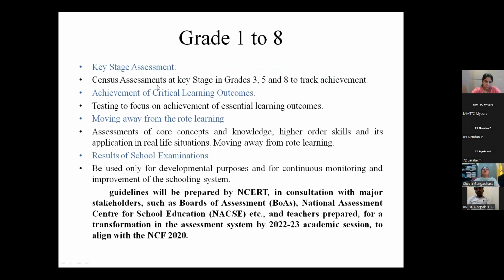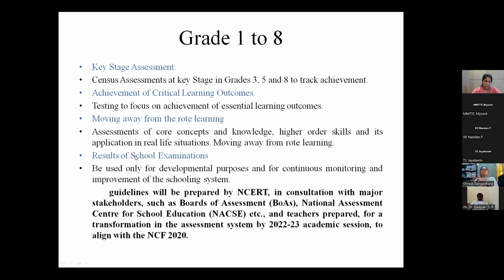That means census assessment at the key stages in grades 3, 5 and 8 to track achievement of critical learning outcomes, and testing to focus on achievement of essential learning outcomes, moving away from rote learning, and assessment of core concepts and knowledge, higher order skills, and application in real life situations.